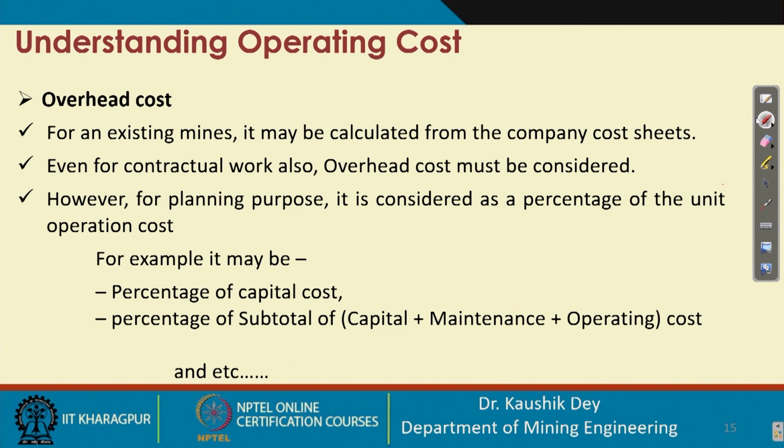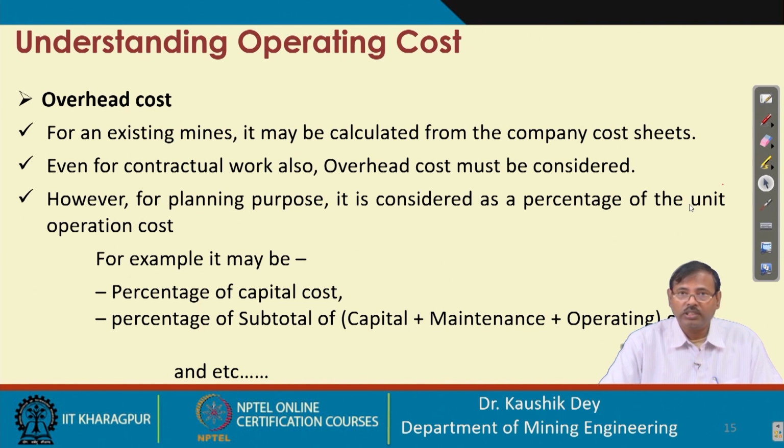This 10% is because there must be a check, the overhead cost should not be significantly high. So, based on that there is a check on this. Otherwise, there may be other considerations, examples where the overhead cost can be considered.